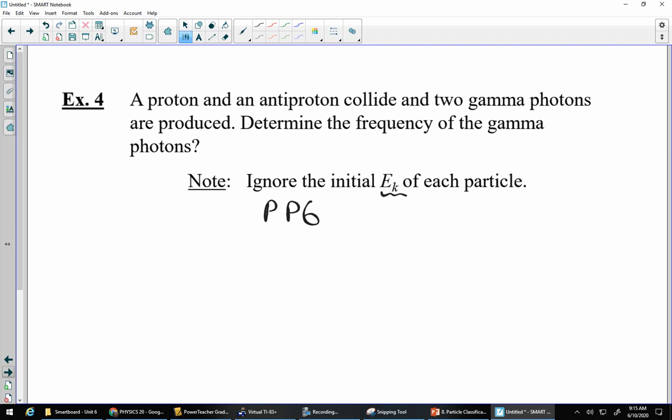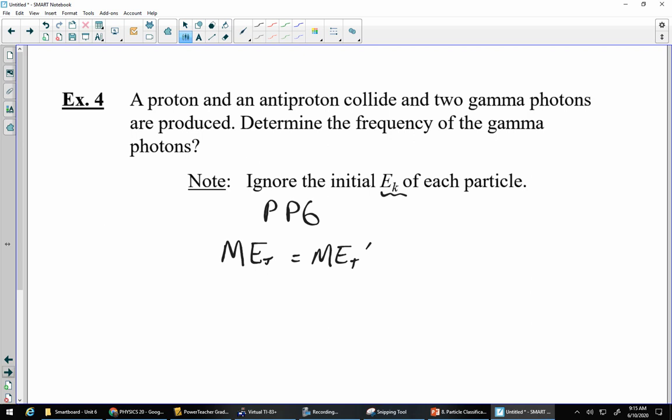We use physics principle 6 anytime mass is turning into energy or energy is turning into mass. So the way I write this out, our total mass energy before is equal to our total mass energy after. So let's see here. Before, I've got the mass of a proton and the mass of an antiproton.